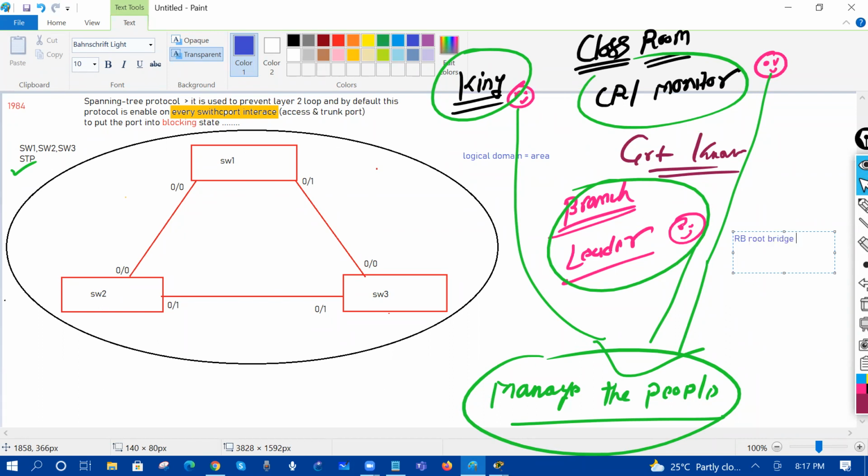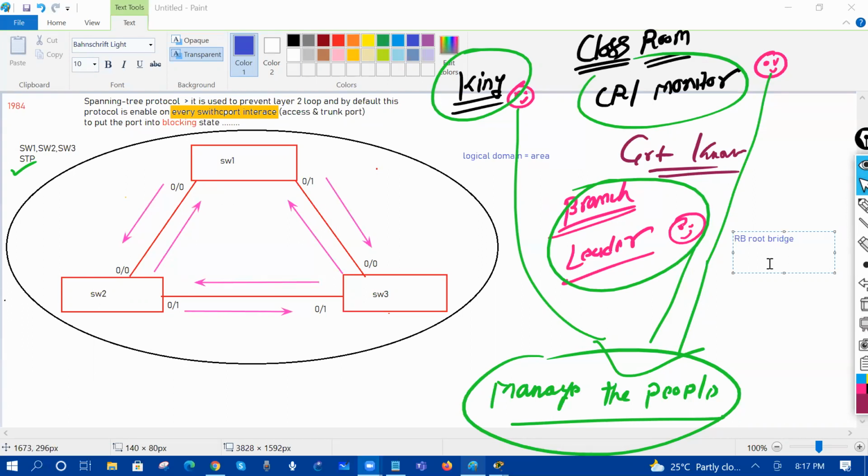So what happens whenever the spanning tree runs? Every switch is going to exchange its own information. This guy is going to tell this person, hey, this is my own information. He's going to share his own information with this guy, and with this one, and so on. For what?